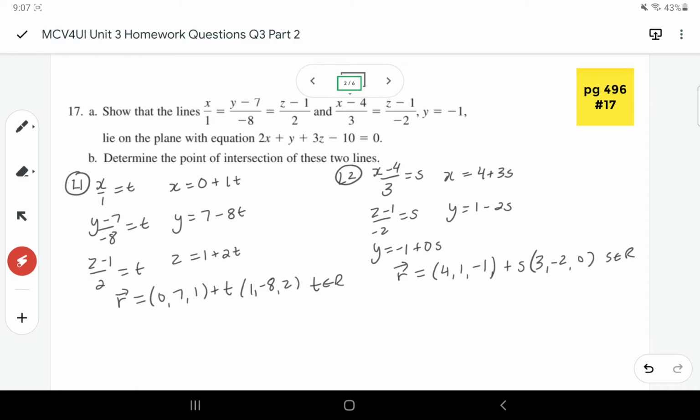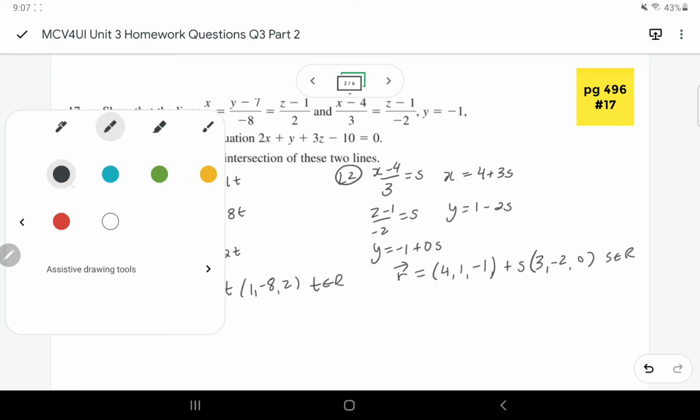So that's the first thing we could do to show that those vectors were on that plane: double checking that the direction vectors are perpendicular to the normal. But it's possible for the lines to be parallel to the plane and not actually lying on the plane at all.